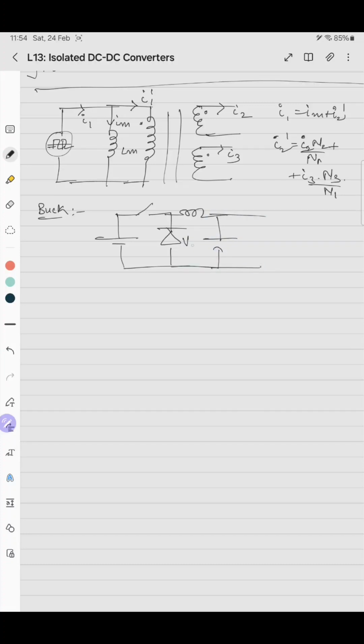If we plot the voltage across the diode, how will VD be? When the switch is on, the diode is reverse biased, so the voltage across the diode VD is minus Vin. When the switch is off, it is 0.